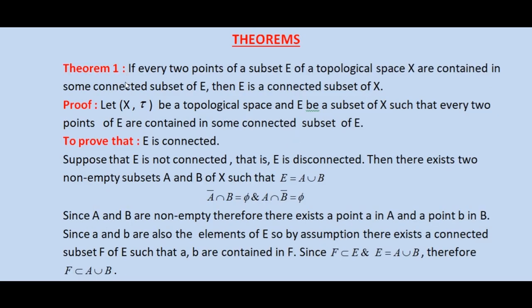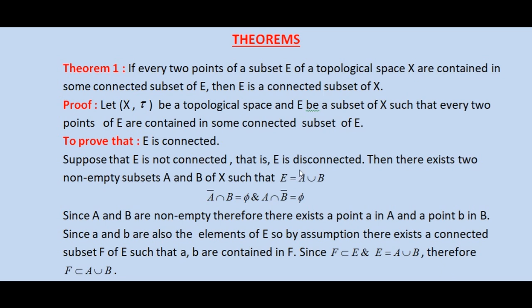So, let us start the proof of our theorem. Let (X, tau) be a topological space and E be a subset of X such that every 2 points of E are contained in some connected subset of E. What we have to prove? That E is connected. In order to prove this theorem, we will use the method of contradiction. Suppose that E is not connected.